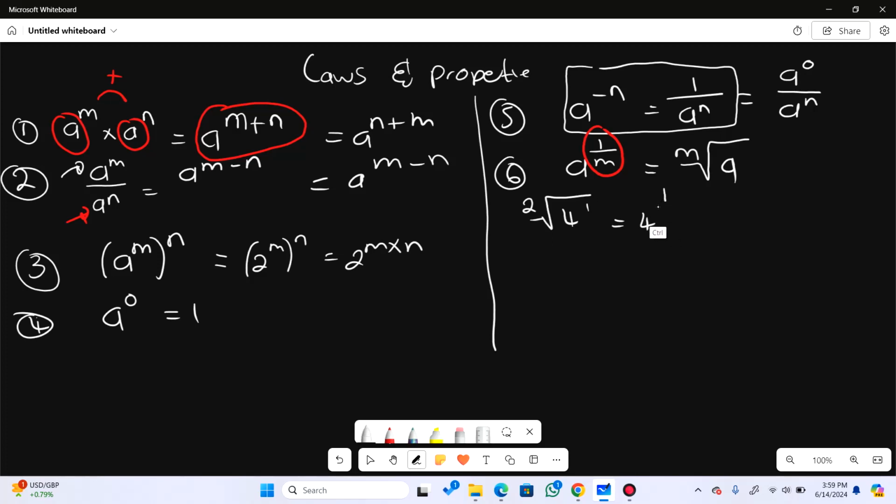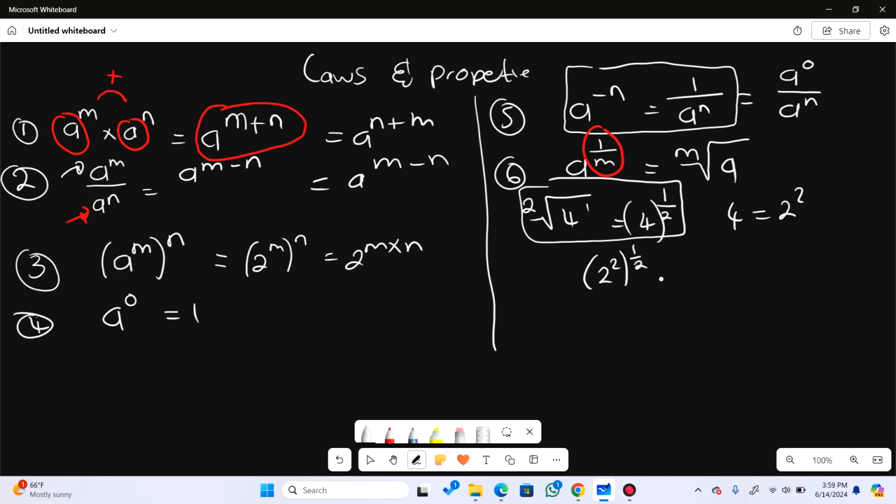You can see what is happening here. The 2 becomes the root, and the numerator becomes the exponent of the base inside the root. We know that 4 is the same as 2 squared, so I can say 2 squared raised to the power half.